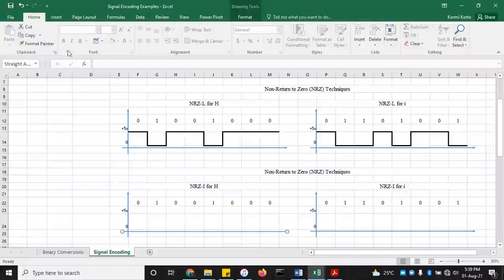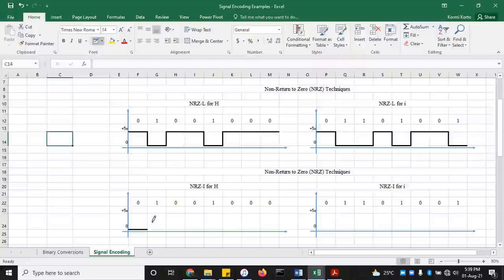A low voltage start. Right? And then you have transitions. Transition only happens when you're going from 0 to 1 or 1 to 1. From 1 to 0, you stay at wherever the signal level is at. So keep this in mind.